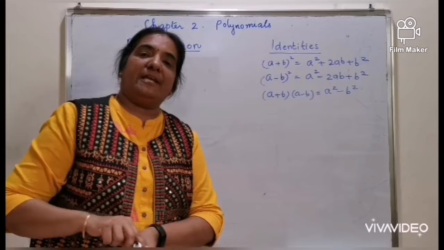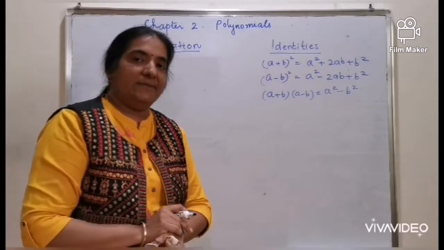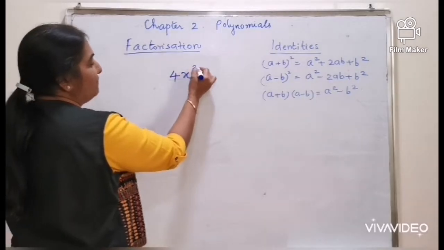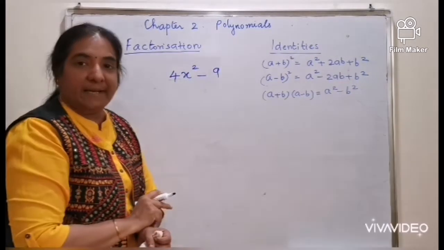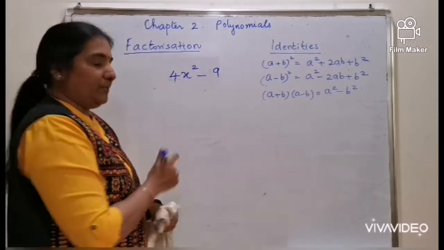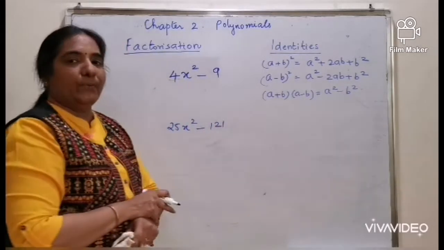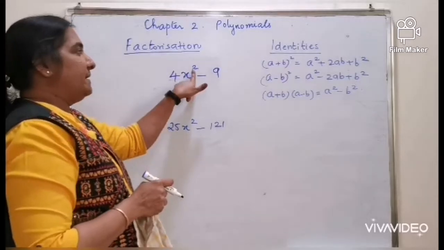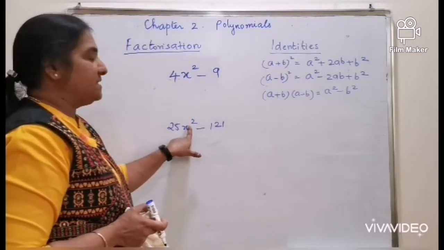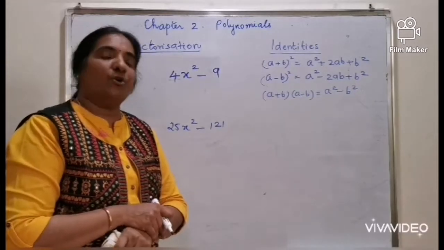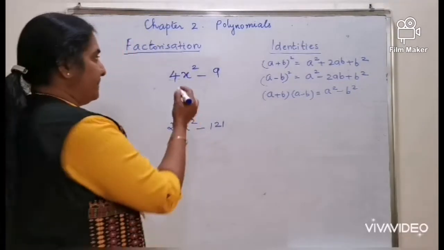Similarly, the application of the third identity, if you are given a polynomial of the form 4x square minus 9, or 25x square minus 121. This is a quadratic polynomial. This too is a quadratic polynomial. You have to get the factors, or you have to get the zeros.